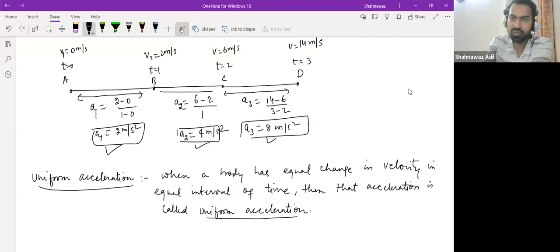So this is true for what kind of acceleration? Uniform. Whenever you have a uniform acceleration, those three equations are called equations of motion, and those three are valid only for uniform acceleration.